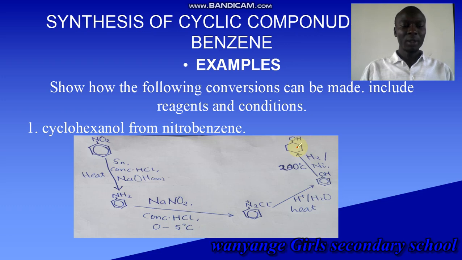Okay? So to convert the nitro group to OH group in a benzene ring, you just need to convert that nitrobenzene to phenol. How do you convert it to phenol? First, reduce the nitrobenzene using tin in concentrated hydrochloric acid and sodium hydroxide solution.